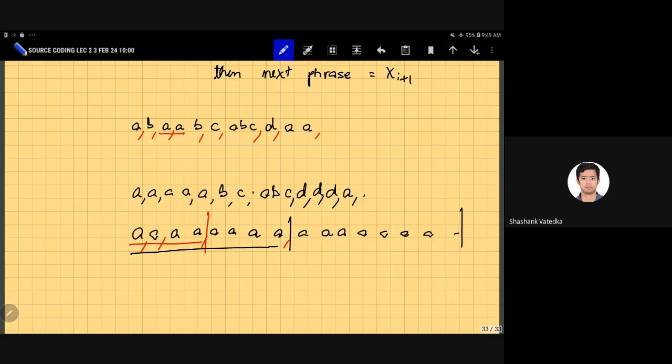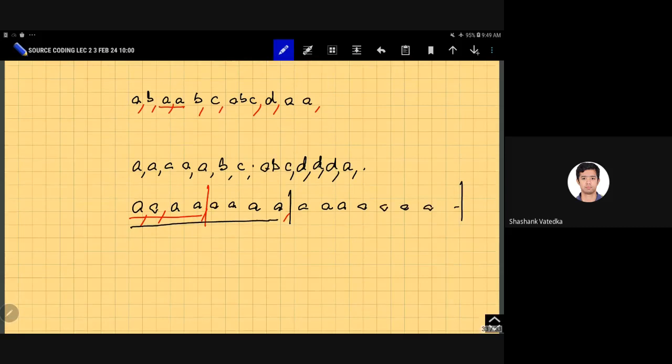So if it's a sequence of all A's, the first phrase would be an A of length 1, the second phrase would be an A of length 1, third would be an A of length 2, fourth would be of length 4, fifth would be of length 8.